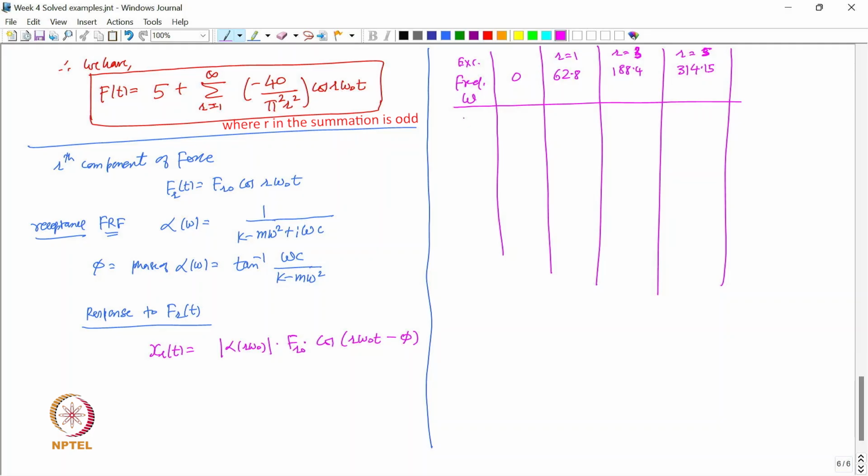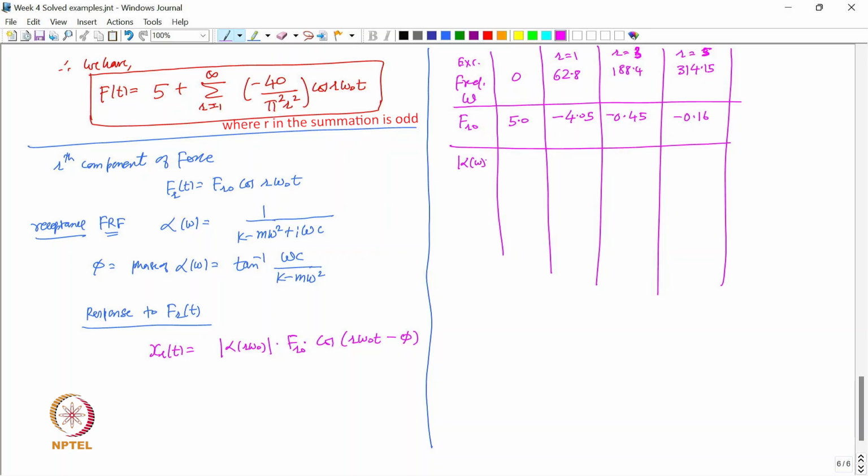And then the amplitude of the force F_r0 is 5.0 for the DC component, and then I can work out the value of minus 40 upon pi r square for different values of r, and those are minus 4.05, minus 0.45, minus 0.16.